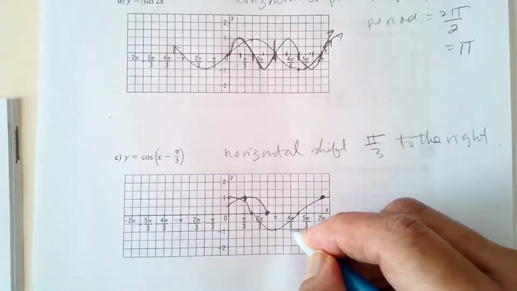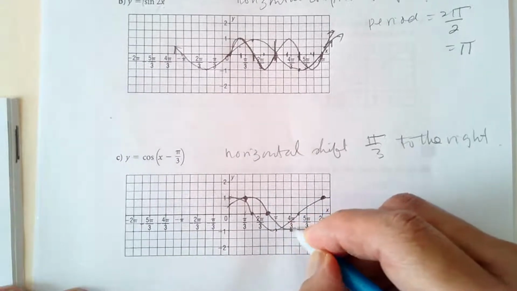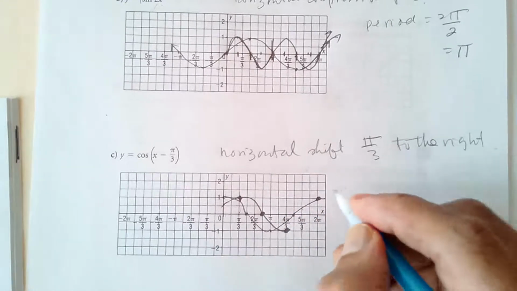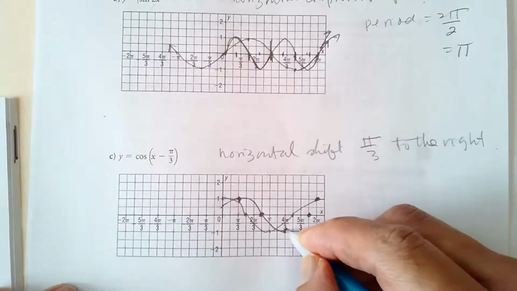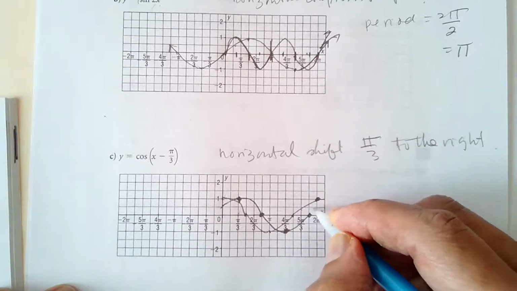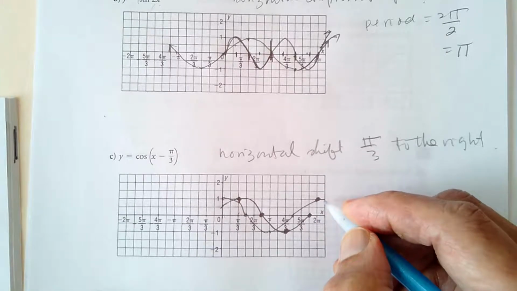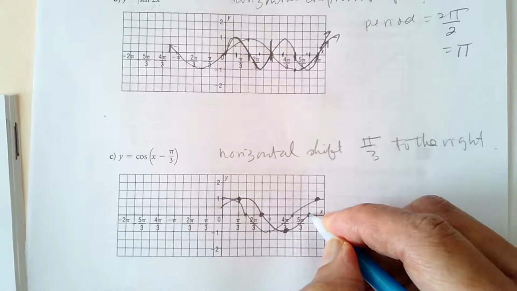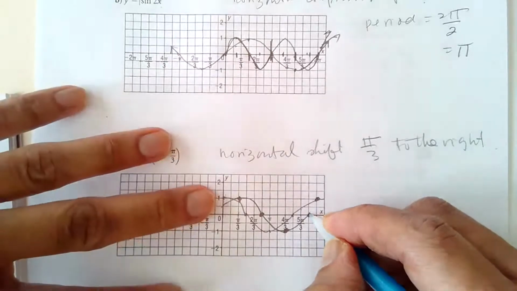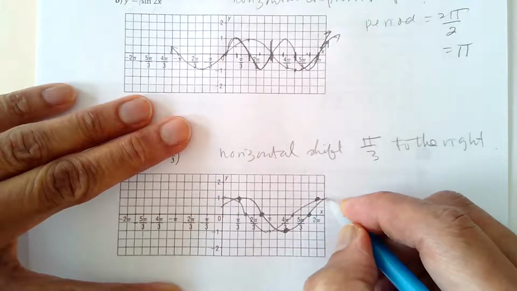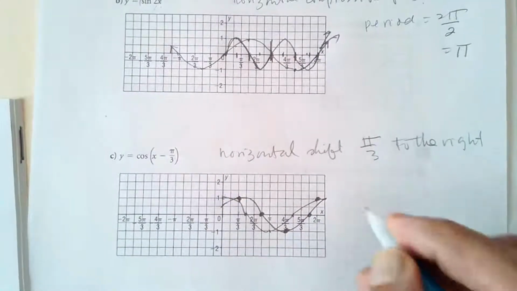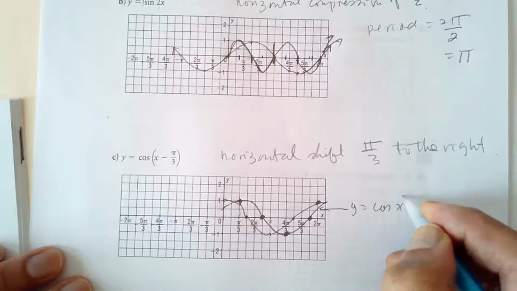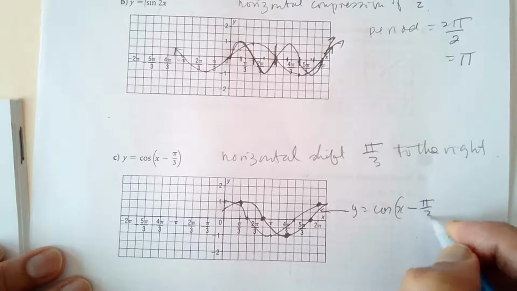Then 4/3 pi, just down here. And we have it here, and go. So this one here is y is equal to cos of x minus pi over 3.